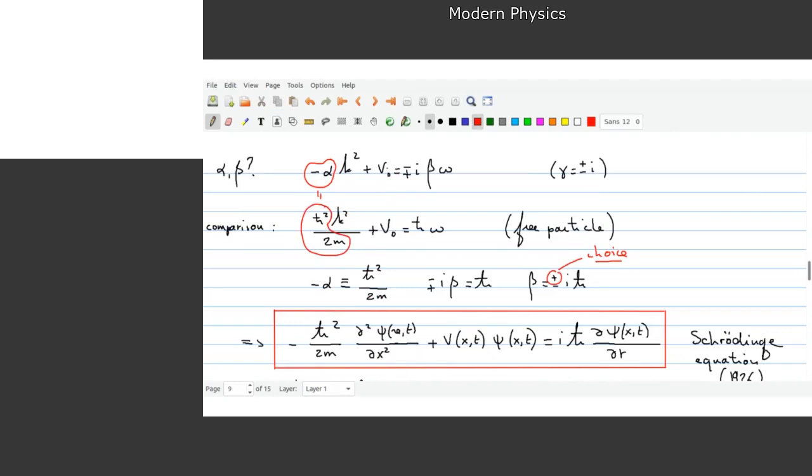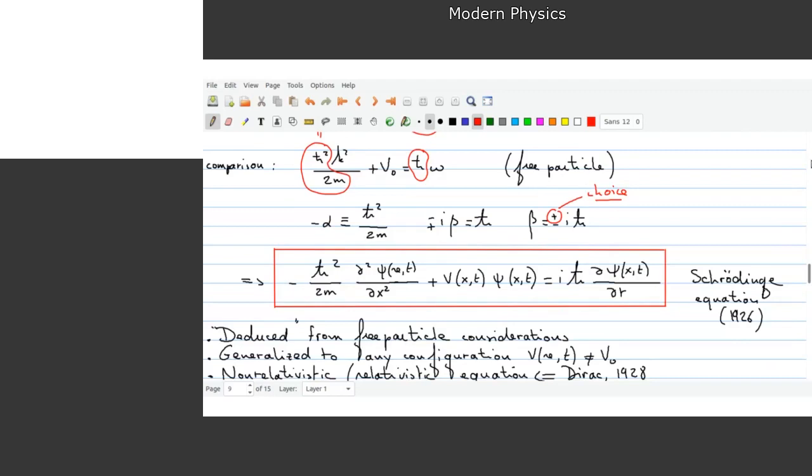And in the same way here we have omega. What is the coefficient of omega? It is this one, and it would be equal to h bar. And so here we will have minus or plus i beta equal to h bar, which we can write as beta equal to plus or minus i h bar.